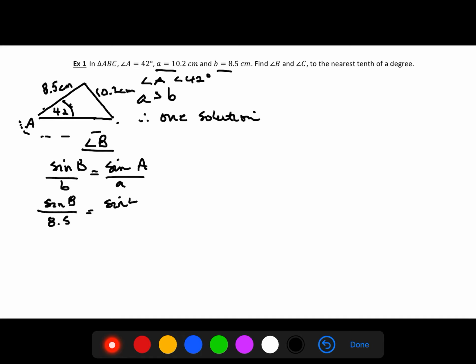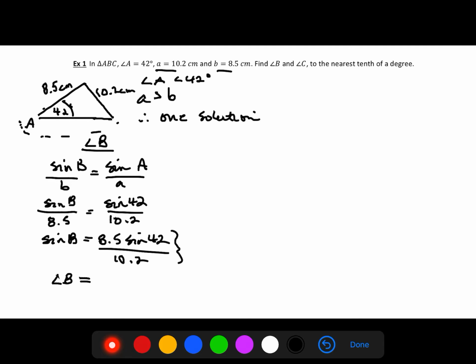So sine of B over 8.5 equals sine of 42 over 10.2. So sine B equals 8.5 times sine 42 divided by 10.2.